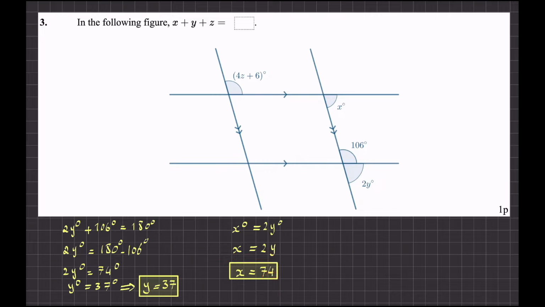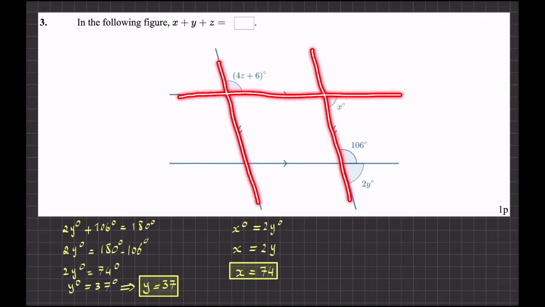And now we change the reasoning. So now I am going to use the parallelness of these two lines, giving the role of transversal to this line. Okay, so these two lines are now parallel and this line is transversal.